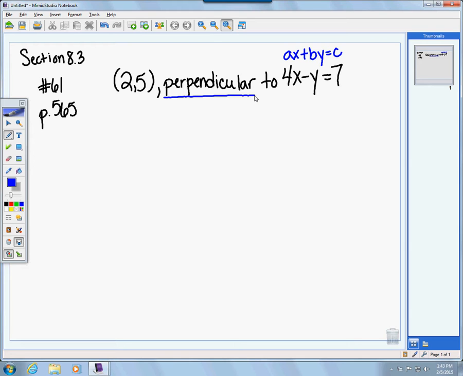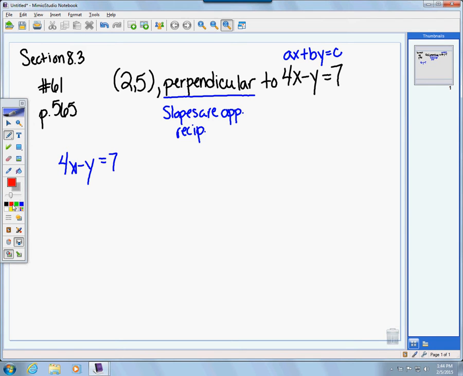We know that perpendicular slopes are opposite reciprocals. So what we want to do is take this 4x minus y equals 7, and ask ourselves, can I clearly see the slope, and is there a way that I can reveal the slope?